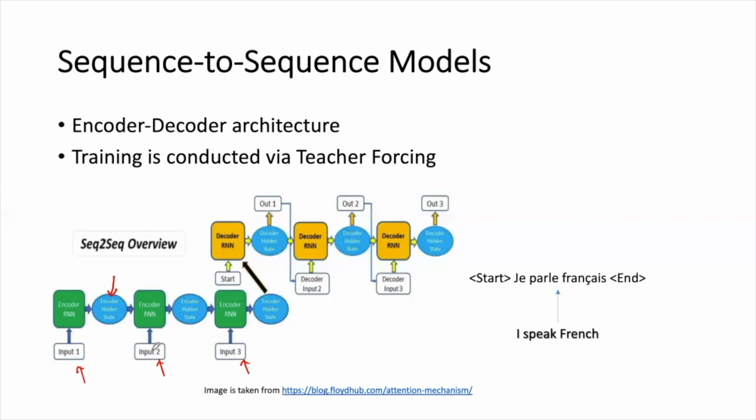In the next state, we have the next input that comes in, and another encoder hidden state is generated. In terms of the intuition, this encoder hidden state for the second input word is supposed to contain the information of all the words that have occurred previously.